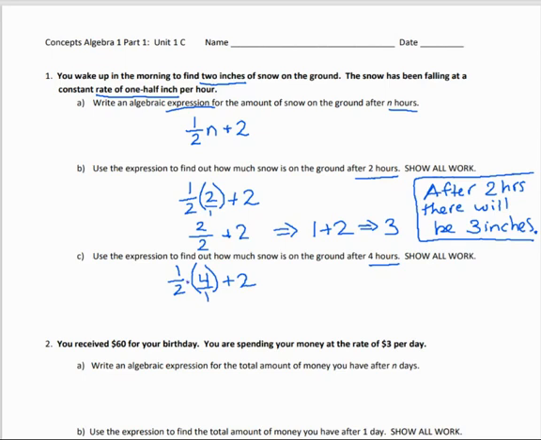So 1 times 4 is 4. 2 times 1 is 2. Then we bring down the plus 2. We're going to divide that. So 4 divided by 2 is 2. So we'll have 2 plus 2, which gives us 4. So after 4 hours, there will be 4 inches.